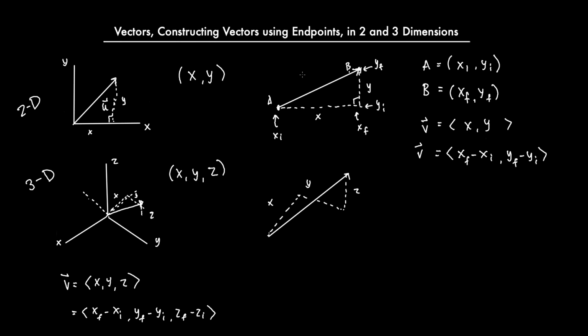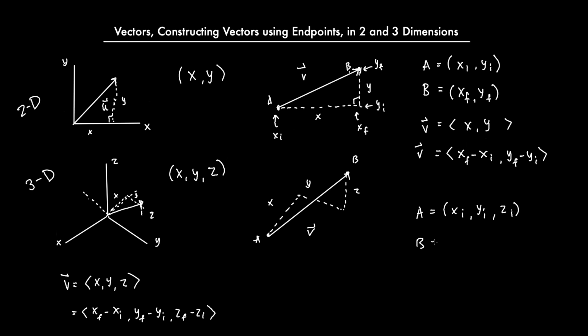And this is a vector v. We can call this vector v as well, where point A exists right here, which is the initial point, and point B is the final point. So here, point A would have 3 components because it's in the 3rd dimension, which would be x initial, y initial, and z initial.